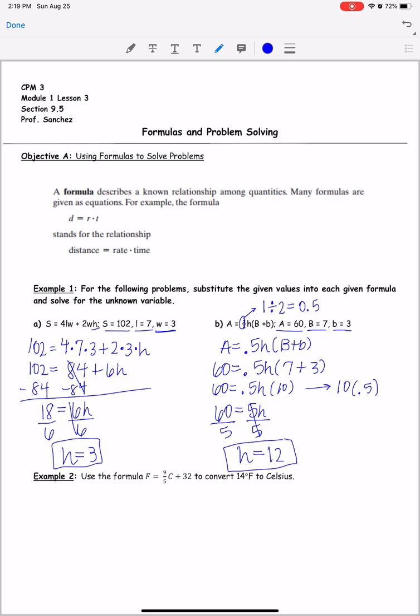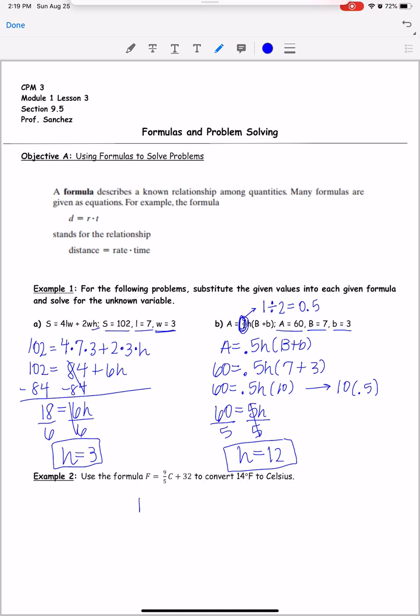Okay, so let's use that same kind of concept that we used with that 1/2 as an example 2. It says use the formula F equals 9/5C plus 32 to convert 14 degrees Fahrenheit to Celsius. So what this means is I need to substitute this 14 into F since it's 14 degrees Fahrenheit.